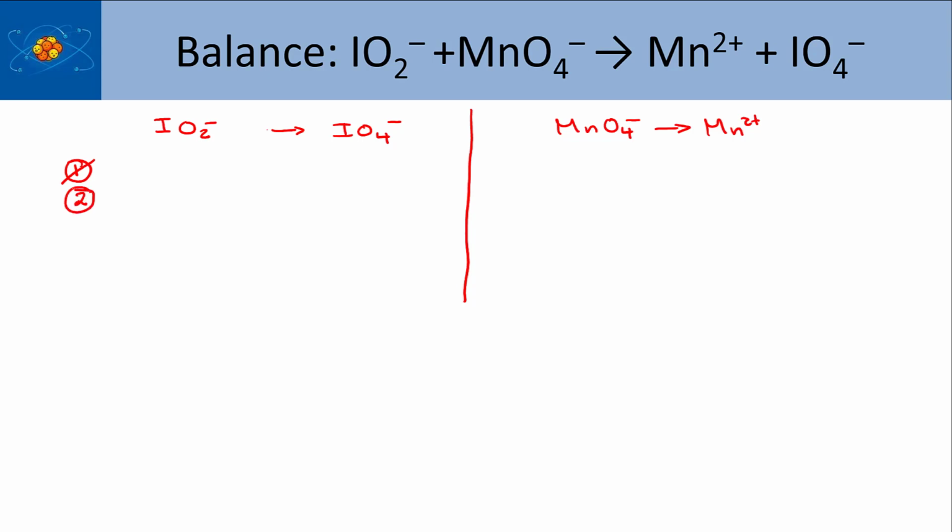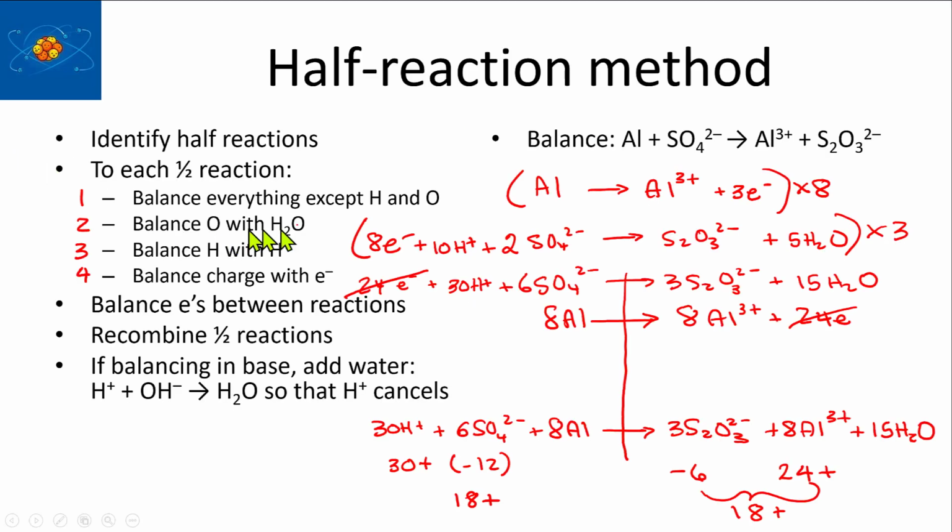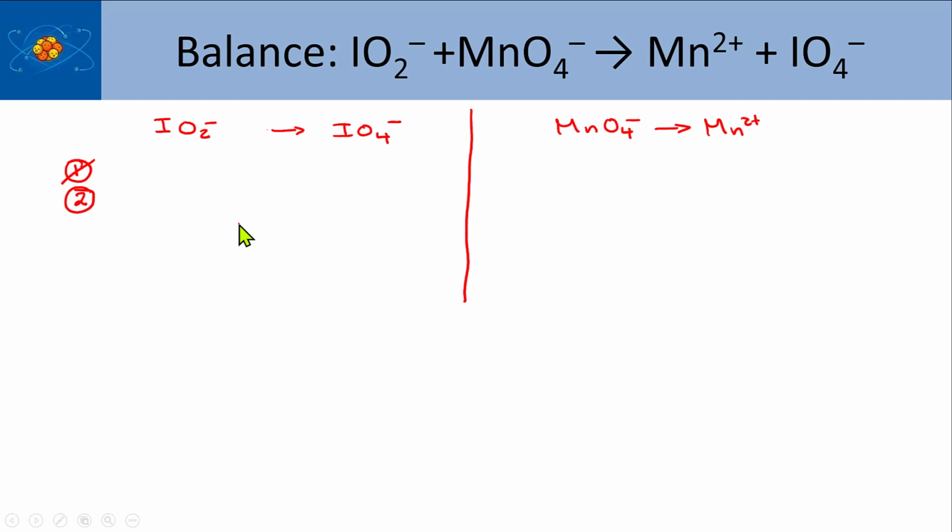So what's the next thing? The next thing is to add H2O to balance my oxygens. So I have 4 oxygens over here on the right-hand side, and I have 2 oxygens over here. So I'm going to add 2 H2O on this side.